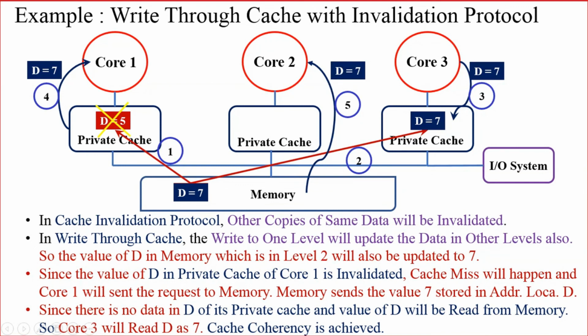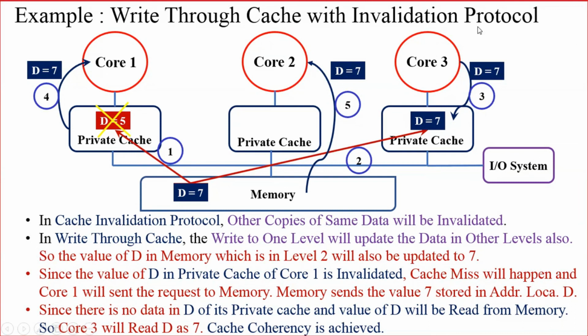So what have we achieved? We have achieved cache coherency. What do we mean by cache coherency? Whenever a core is reading the data, it should get the recently updated data. What was the cache coherency problem? When core 1 and core 2 were reading, they were getting only the old data, that is D equal to 5.